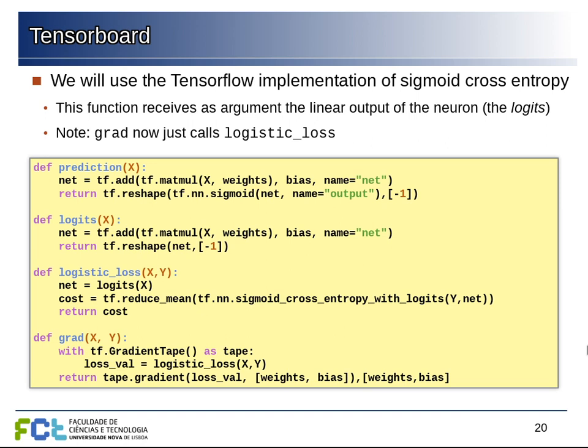So this is basically the same thing, but without the sigmoid there, because this is now what goes into the sigmoid cross entropy function in TensorFlow that does the whole thing, the sigmoid activation and the logistic loss with a different formula to avoid that overflow. So now when we are training, we use this logistic loss function that gets the logits. When we are doing the prediction, we use the original function.